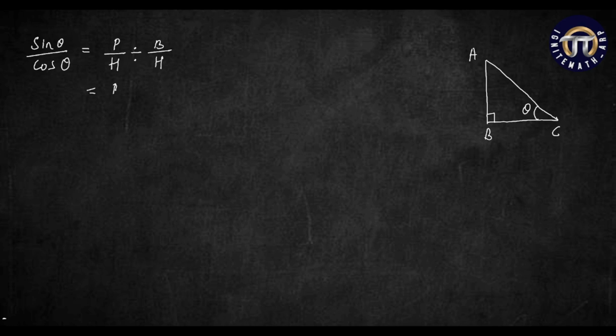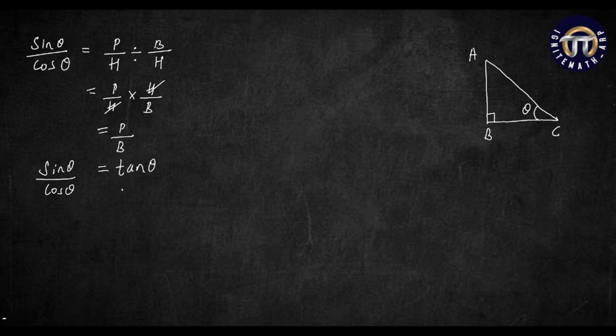So now perpendicular by hypotenuse into hypotenuse by base, the hypotenuse gets cancelled. I will get perpendicular by base. What is perpendicular by base? That is nothing but tan theta. So I can say sin theta by cos theta is nothing but tan theta, right?